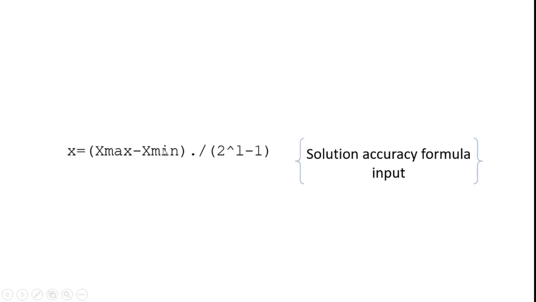I introduce a dot because I introduce the division function, and after that the divide symbol for division. Then open bracket 2 power L minus 1. The formula is xmax minus xmin divided by 2 power L minus 1. So I introduce this mathematical formula into the Matlab program with the aid of the syntax available in Matlab software. From this, I can generate the solution accuracy formula.